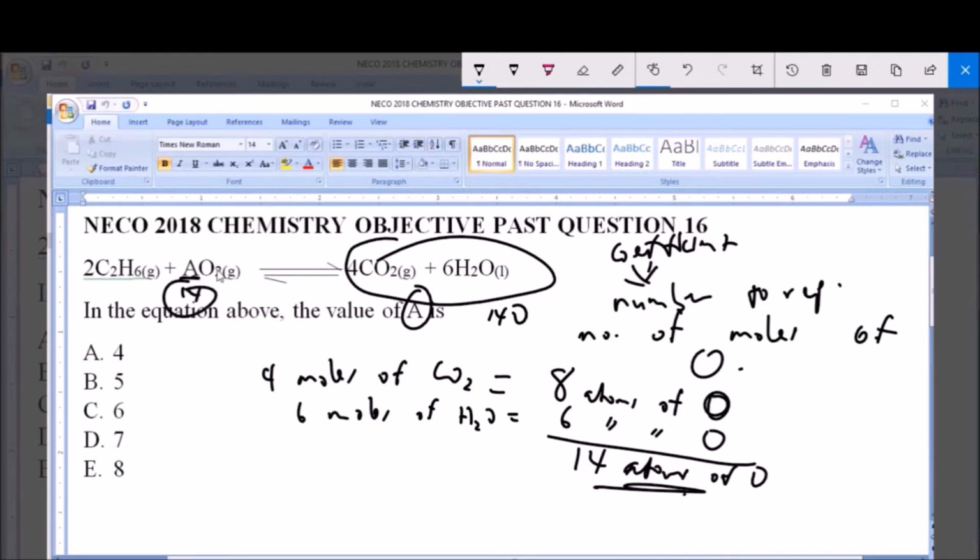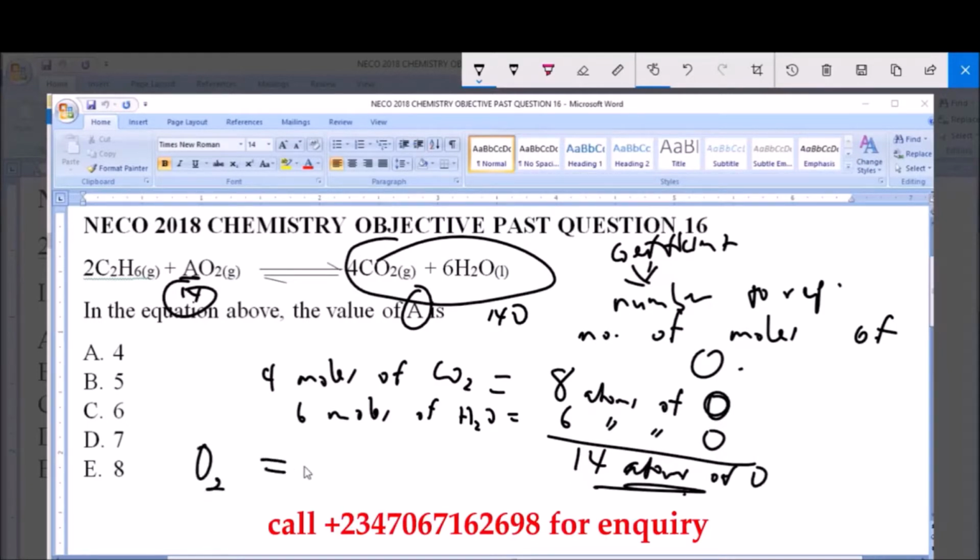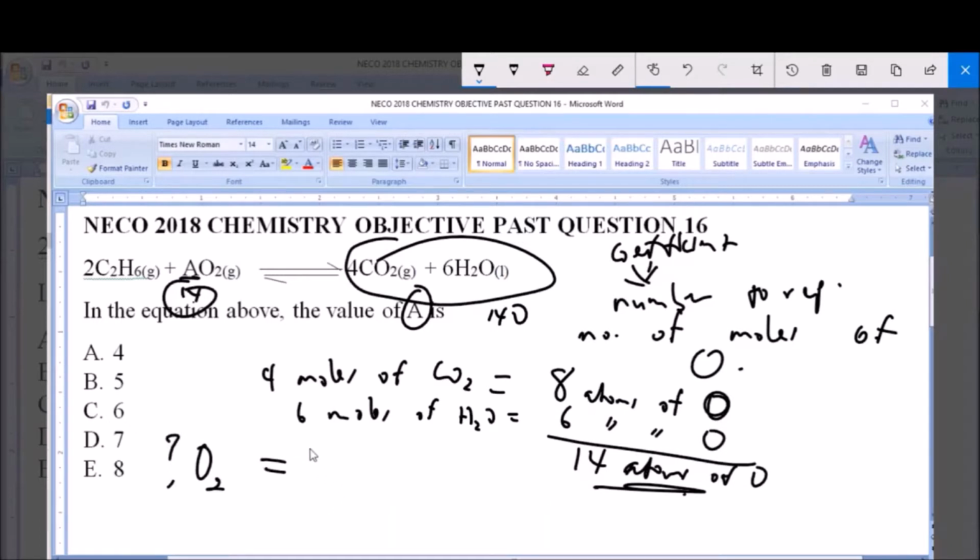Now you have oxygen atom here, that is 2 atoms of oxygen. So how many moles will you need in order for you to get 14 atoms in total on this side? So 14 divided by 2 is equal to 7.